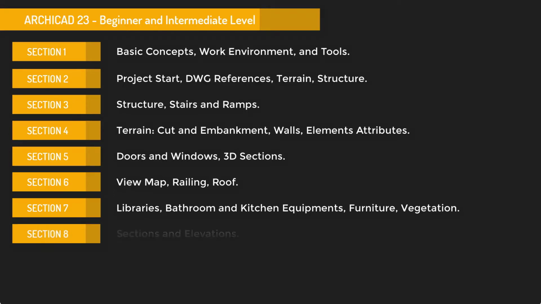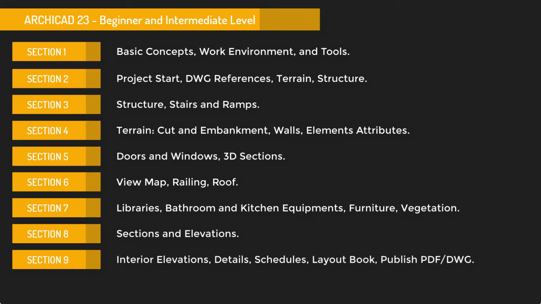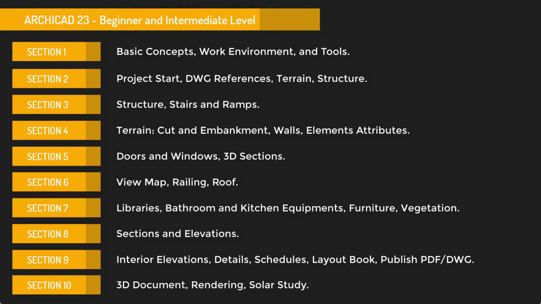In section 8, we're going to do sections and elevations. In section 9, we have interior elevations, details, schedules, and the layout book, where we create the project sheets and publish in PDF and DWG. Lastly, in section 10, 3D documents, rendering and solar study.